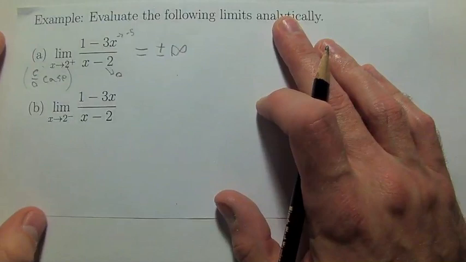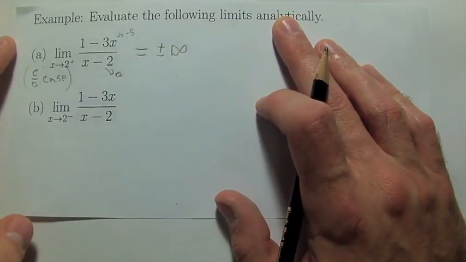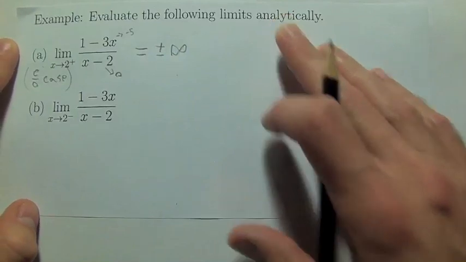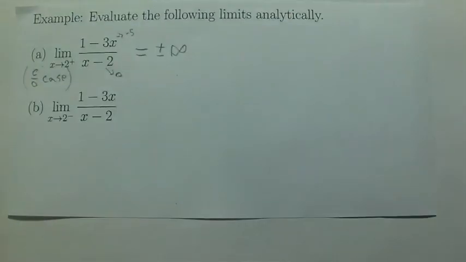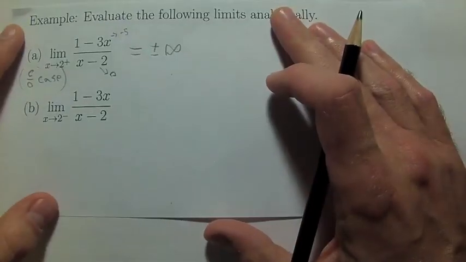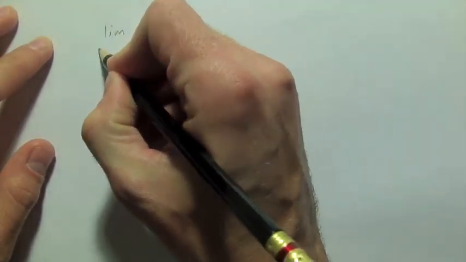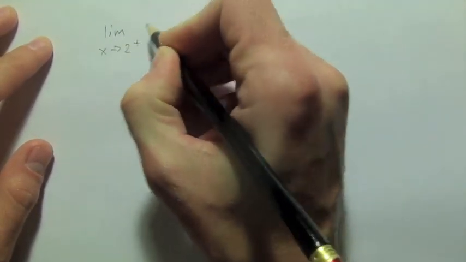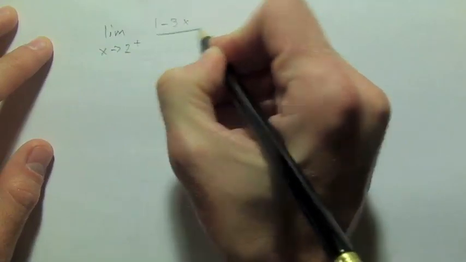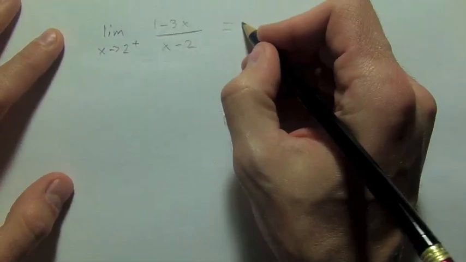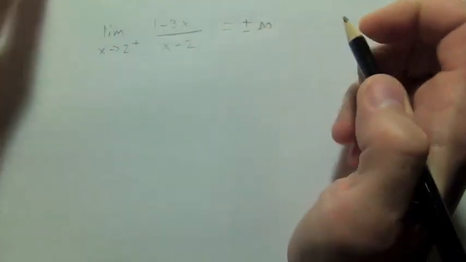Well, to check, there are two ways you can do this. Okay, one way is to check the value. So let me real quick here rewrite this problem, tell you that it's going to be plus or minus infinity.